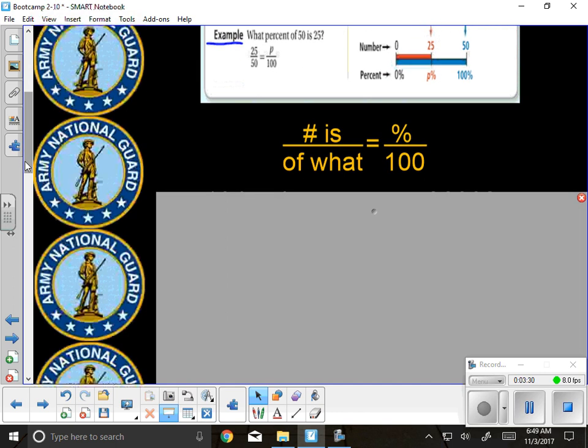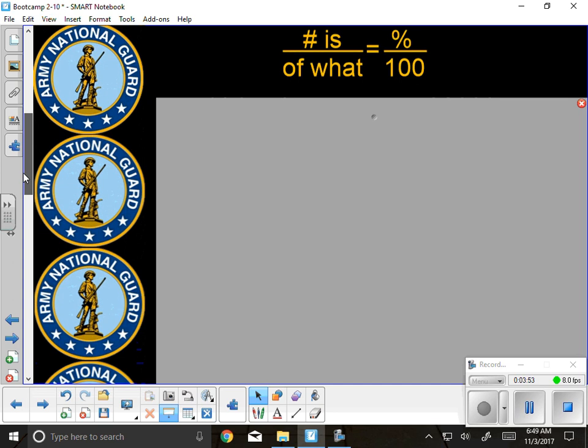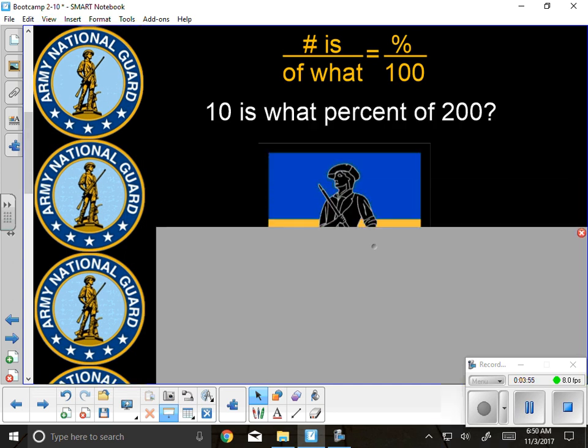The way this is set up is the number is over of what equals percent over 100. That's literally just the same as part over the whole equals percent over 100. And you might have remembered part over whole because we use those terms when we're talking about fractions. So yes, it does look like a fraction, but don't worry, it's a lot more fun to solve than fractions are.